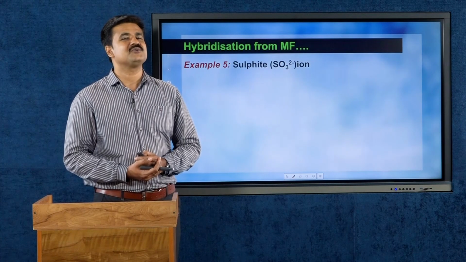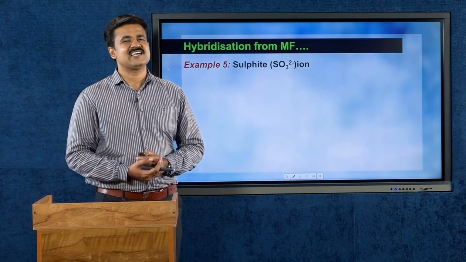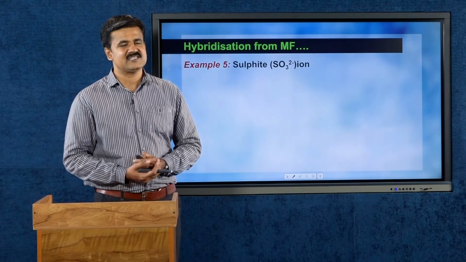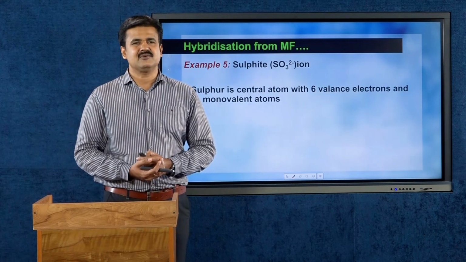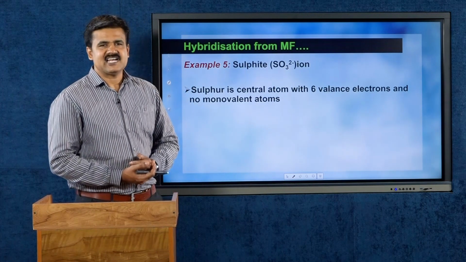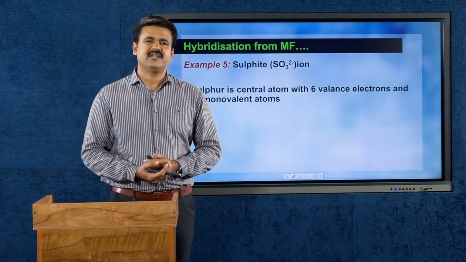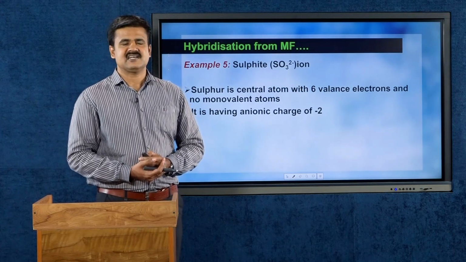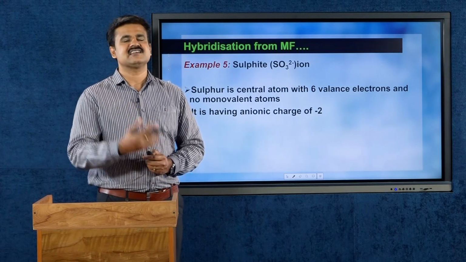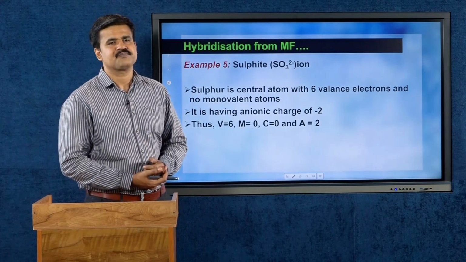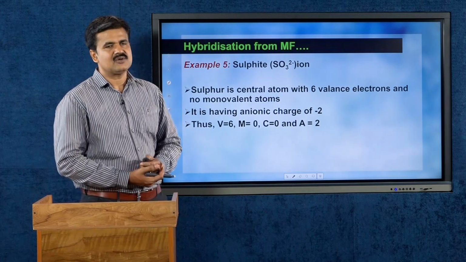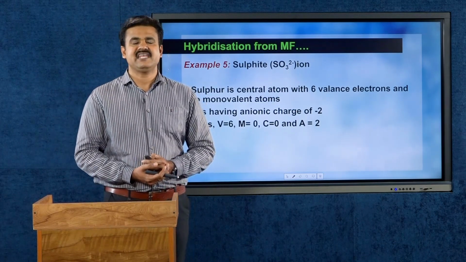I just mentioned to you the fact that the number of oxygen atoms will not alter the hybridization, provided the central atom and the total charge are the same. Now we can check it out. Sulfur is the central atom with the 6 valence electrons and no monovalent atoms are here. This species is having an anionic charge of -2, and thus we can say that V is equal to 6, M is equal to 0, cationic charge is equal to 0, and A is equal to 2.